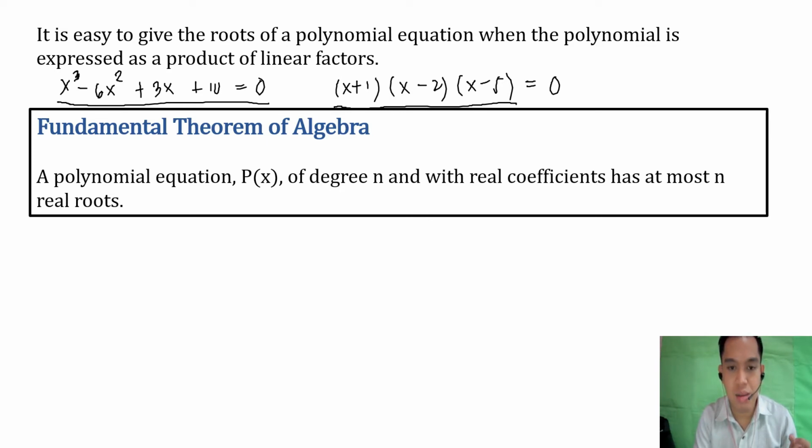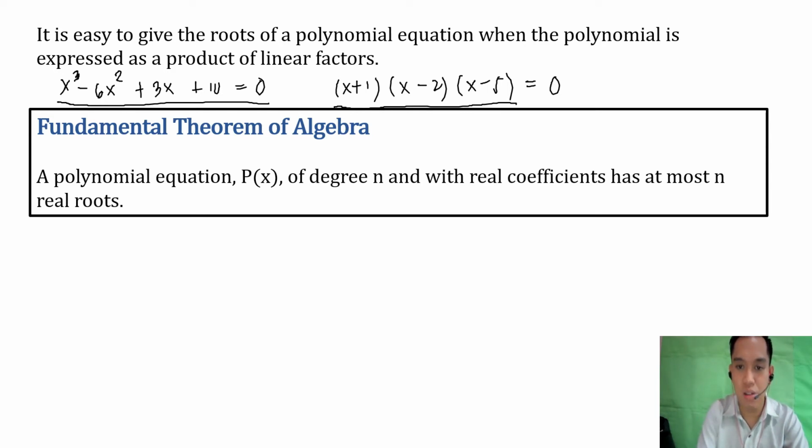The highest. So ano yung exponent niya? Okay, 3. So therefore, yung ating degree ay 3. The degree of our polynomial equation is 3, and the number of roots are 3 also. So we have 3 roots in our polynomial equation.